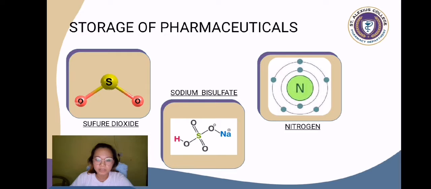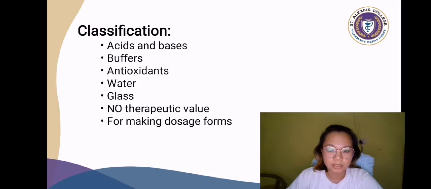Sodium bisulfate is also used in delaying oxidation of the active substances of a product. And lastly, nitrogen is used in storing pharmaceutical products as it has an effect that delays the process of molecules to break down.